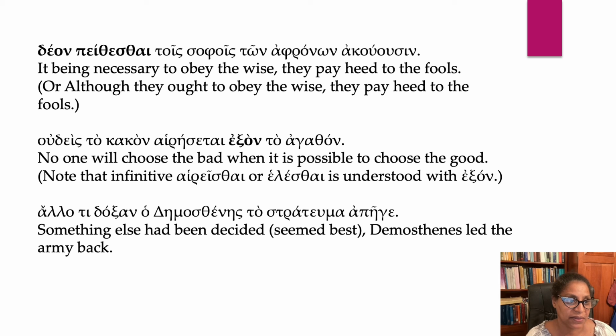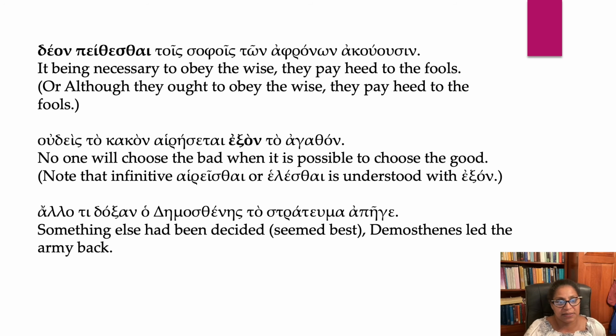Okay. Here's another one. Oudeis tōn kakōn haireisthai exon tōn agathōn. So oudeis, no one will choose the bad, right? To kakon. Exon, here's your participle, but nothing, it's just by itself there. Exon, when it is possible to choose the good. So exesti, it is possible, plus an infinitive. The infinitive is implied.